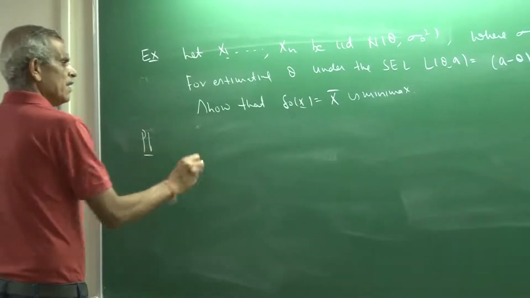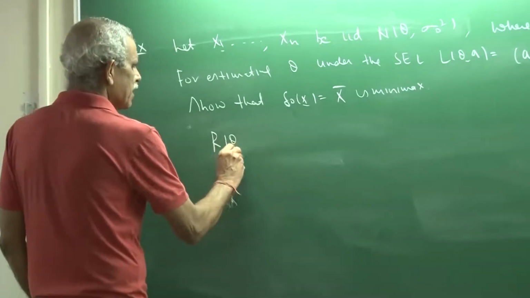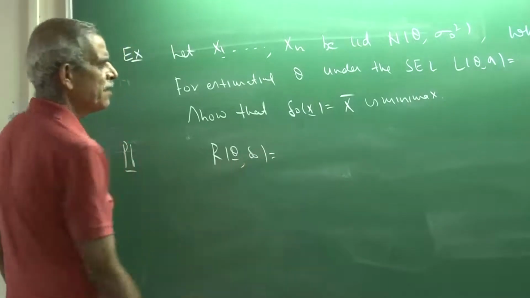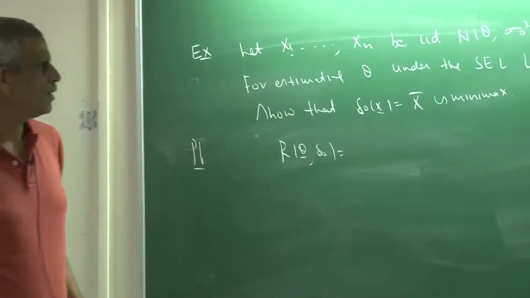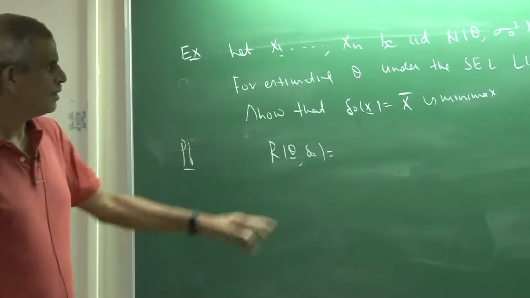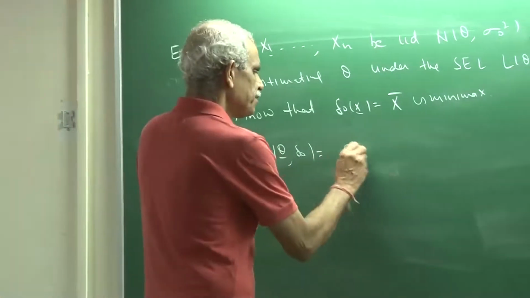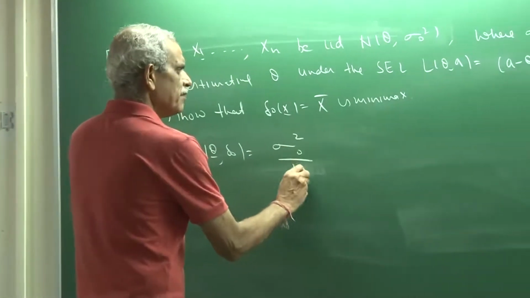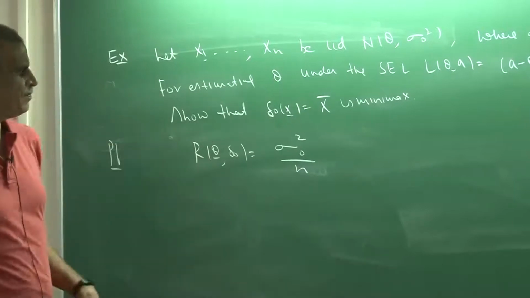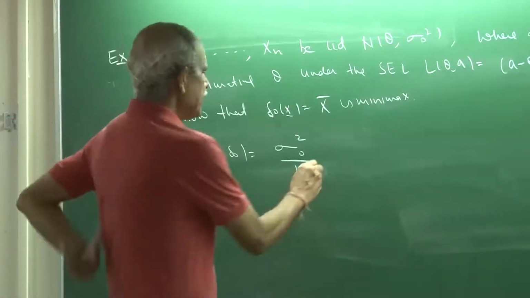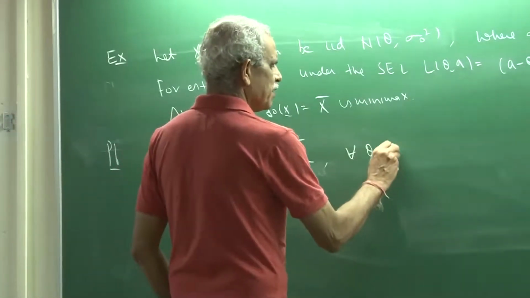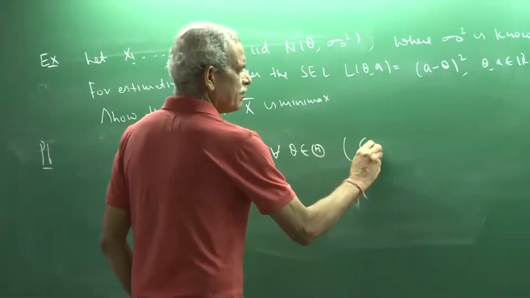So the proof: I know that R theta delta naught is nothing but sigma naught square by n, because it is the variance of x bar, for every theta. So it is a constant risk estimator.